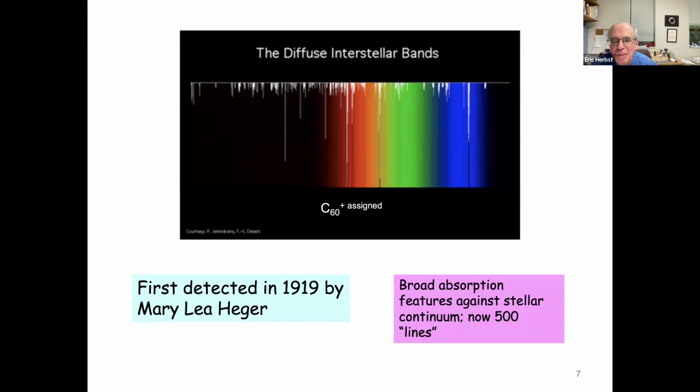They're seen in absorption in this spectrum, and there are now about 500 or more of these so-called lines, which we can see on the Earth. And anyway, one molecule has been assigned to some of these lines, and that's a very strange molecule. It's like fullerene, which is 60 carbon atoms, but one of them is missing an electron, so it's C60 plus. And it is certainly assigned because we can also see it in the laboratory.